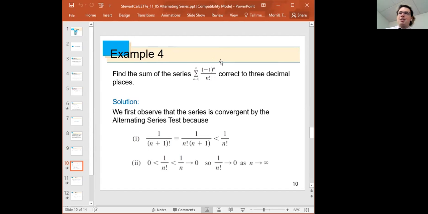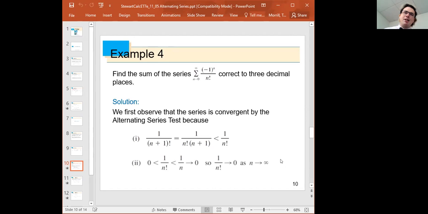So this is an alternating series, and it does converge according to the alternating series test, since each of the fractions on my list in absolute value is going to be less than the absolute value of the fraction that came before it. Again, I'm just making these denominators larger and larger.